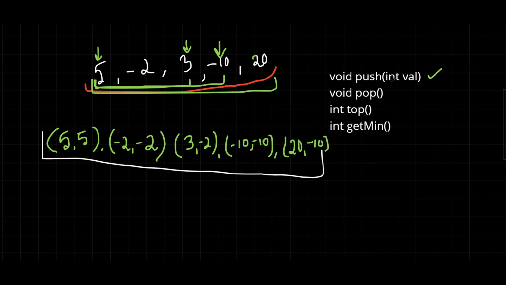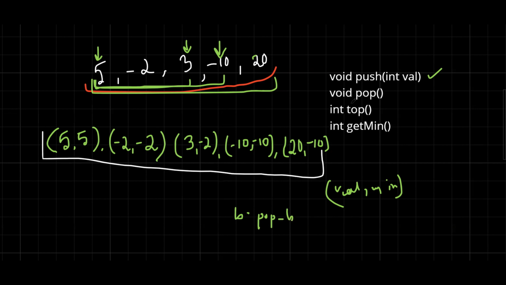We simply push the corresponding element val and the minimum element till now into the vector. So it is done. For the pop function, we simply remove the last element of the vector by using the pop back method.